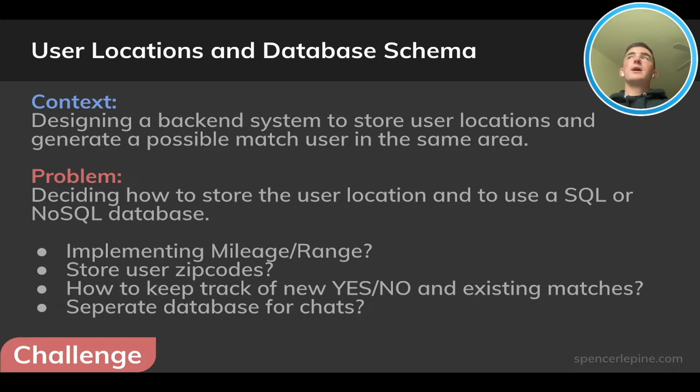Now, I had to decide what information I would store, like longitude, latitude, or the state they live in, or maybe the mileage, the range where other users are away from them, and also whether or not to store this all in a SQL database or NoSQL database. Did it need to be relational? How do we keep track of existing matches? So after you get them from the location, have they already matched?